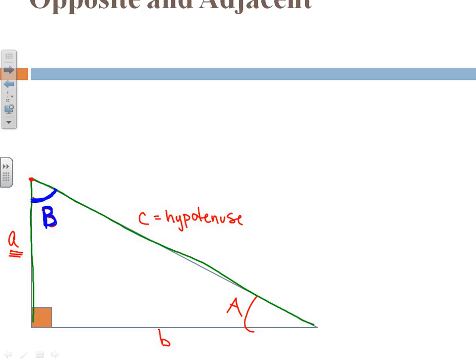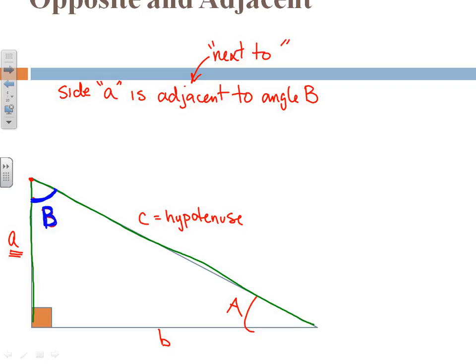They help make angle B. So if one of your sides is right next to your angle and helps make that angle, then we call that side adjacent. So we would say side a is adjacent to angle B. It's adjacent because adjacent means next to, or right nearby.